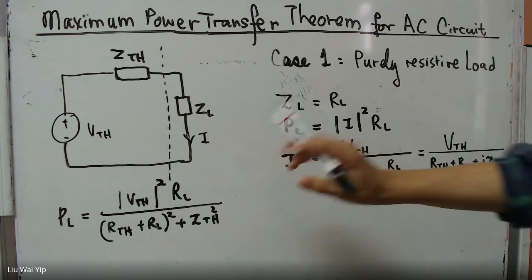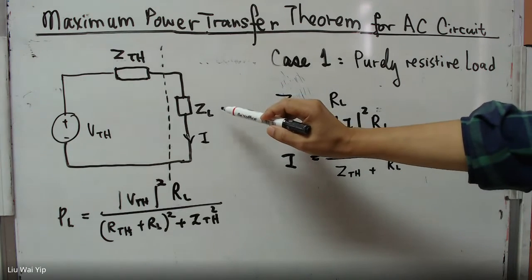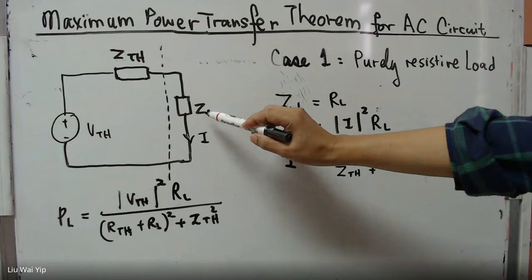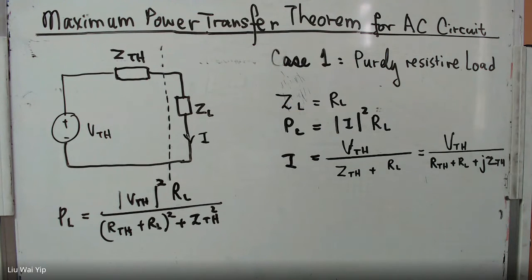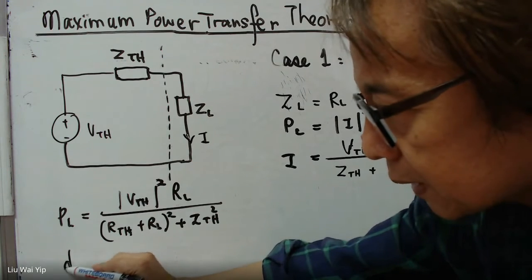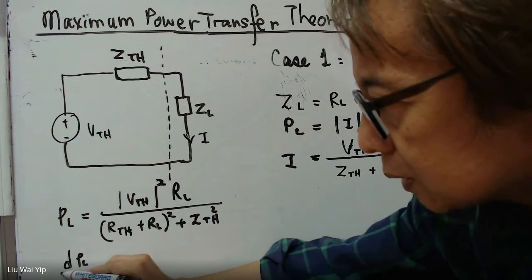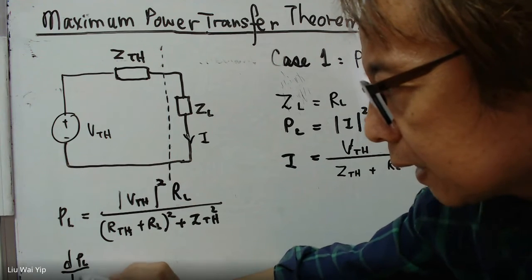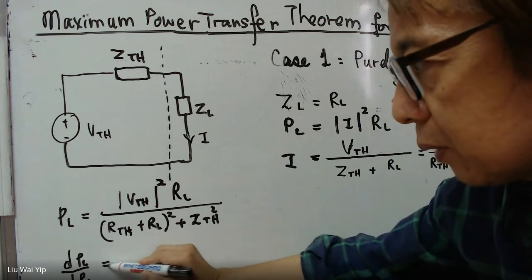We want to vary the resistance of the load and find out the maximum power, the condition for the maximum power transfer. In this case, we can do this by setting dPL/dRL to 0.